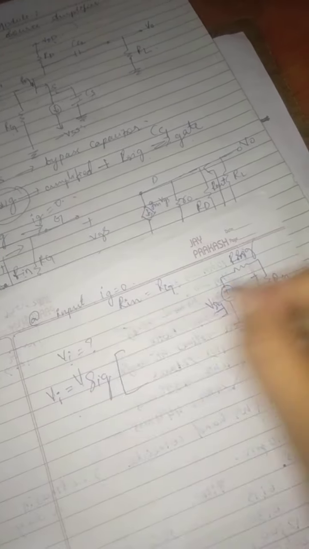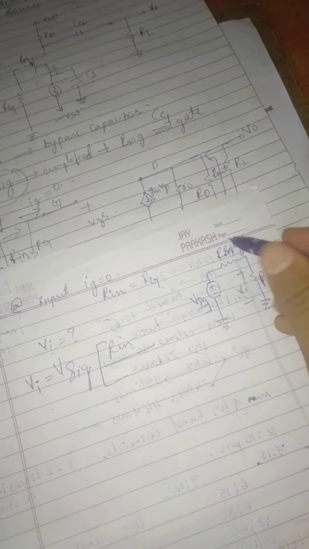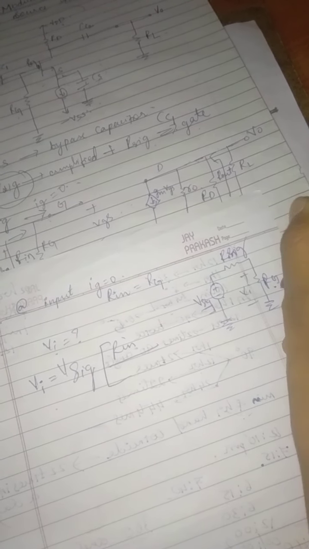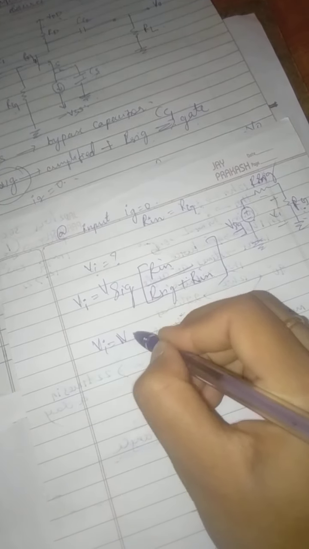I can write this also as Rin, the input resistance, divided by the sum of the remaining resistances, Rg plus RSIG. Now we know that Rin is equal to Rg. Hence, the equation changes to Vin is equal to VSIG into Rg by Rg plus RSIG. So this is what I am going to get.